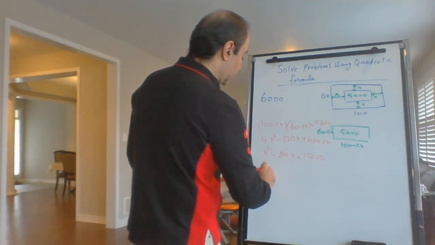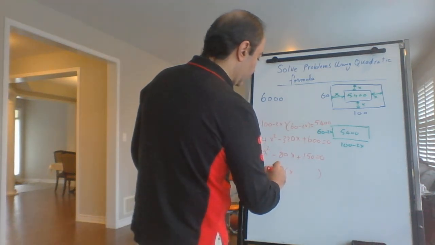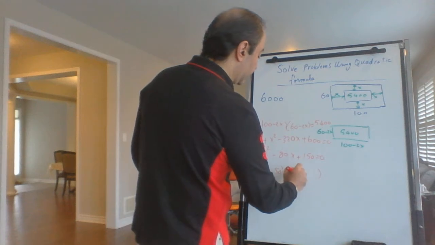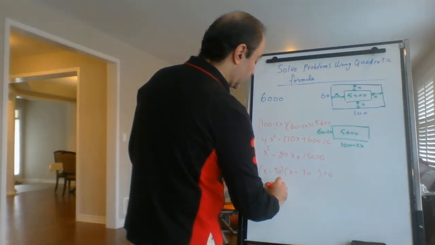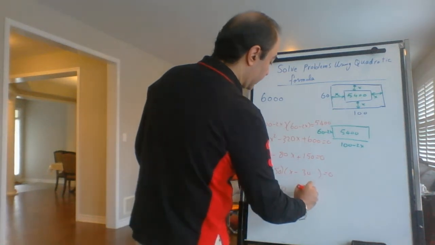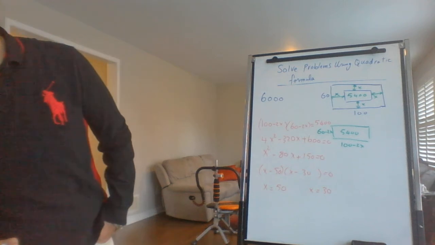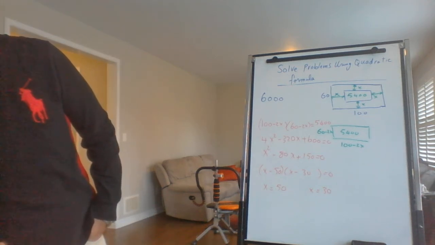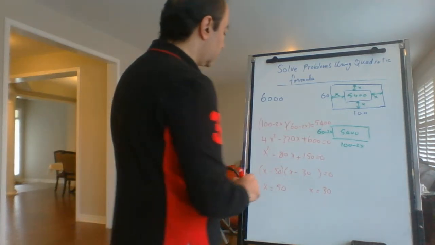I think I can do x and x, negative 50, oh no, yeah, negative 50 and negative 30 equals 0. So either x equals 50 or x equals 30. Both of them are... no, I did something wrong.